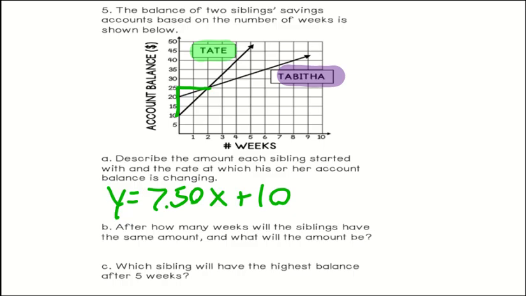All right, rise over run, get our slope. For Tabitha, things with Tabitha's. Y equals, again, 5 over 2 makes it easier to graph. That's our rise and our run. She had 20.